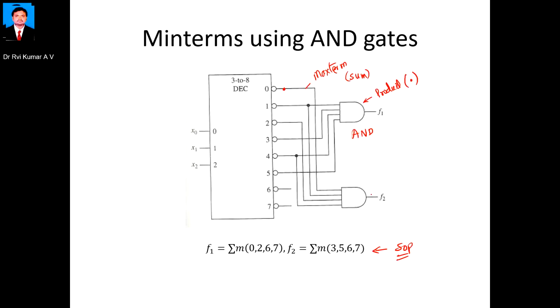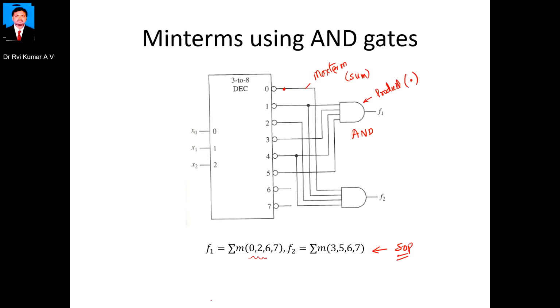Similarly, here the function f1 is 0 2 6 7.